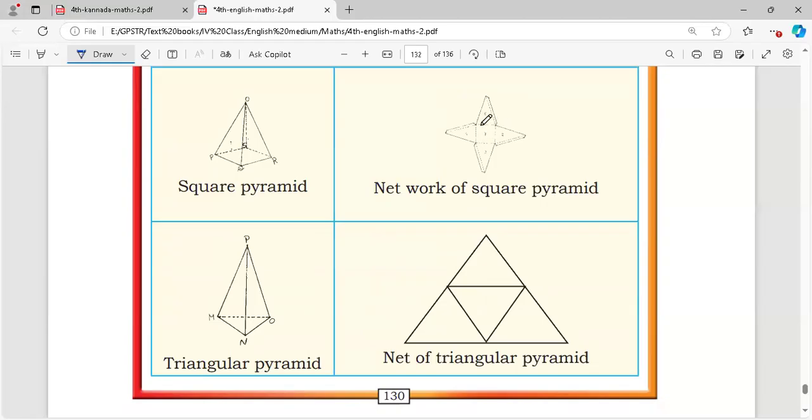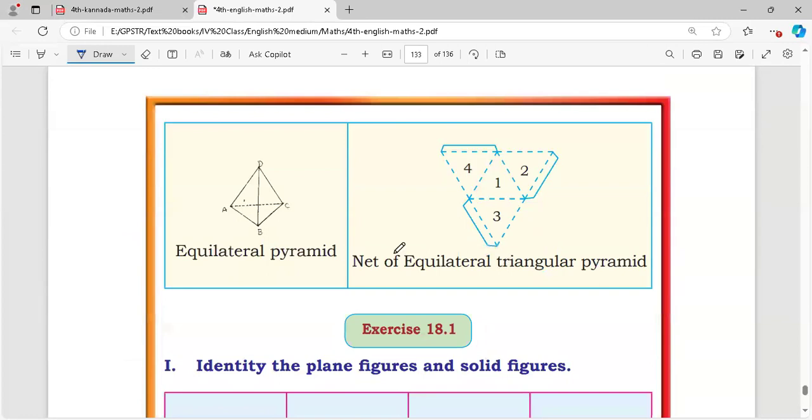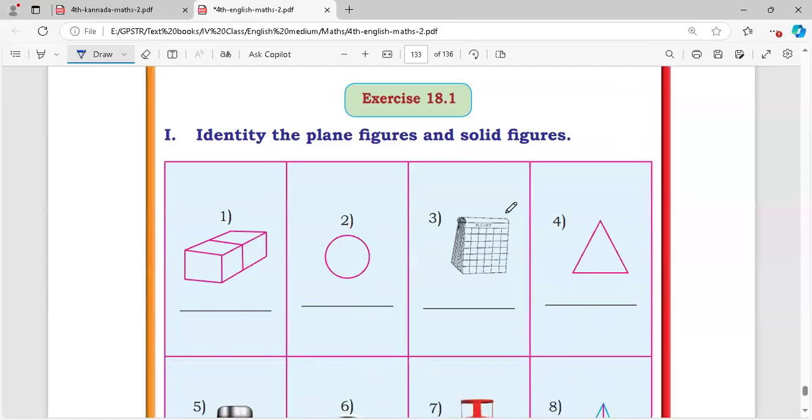In the middle, a square is there. Triangular pyramid, network of triangular pyramid. All are in triangular shape. Equilateral pyramid, net of equilateral triangles.